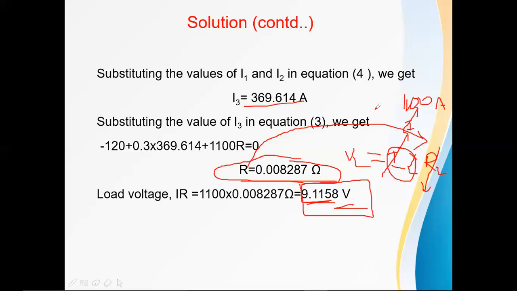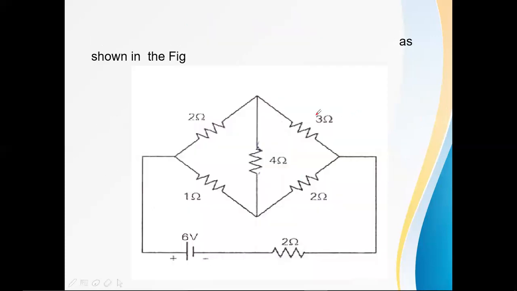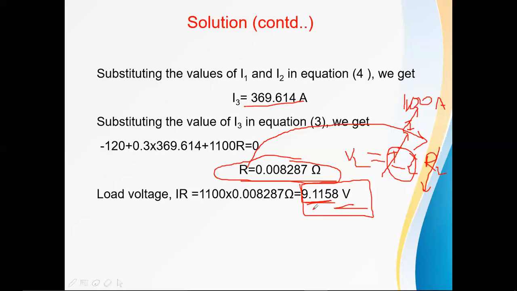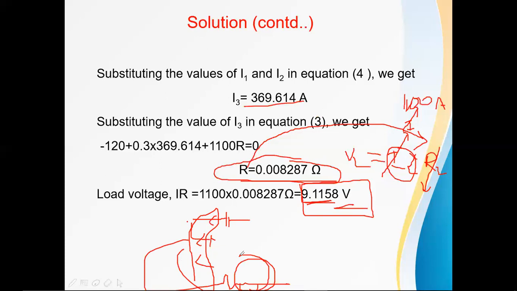Now after getting all the results, please, again I am repeating, you guys need to redraw the circuit. You need to redraw this three-battery parallel circuit again by mentioning the I1, I2, I3 numerical values with the direction of currents, and also mention the voltage drop across this output.